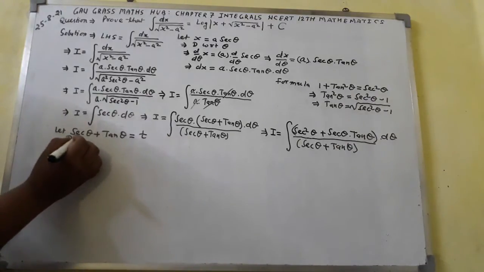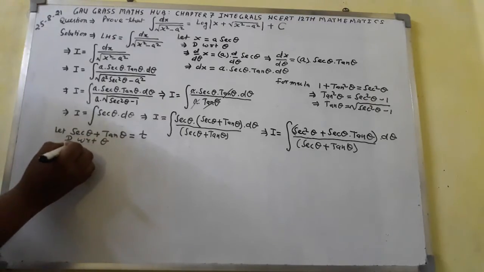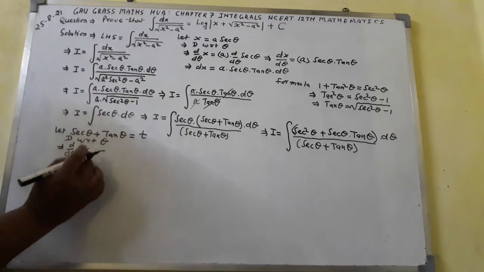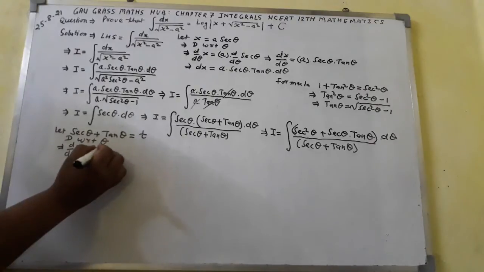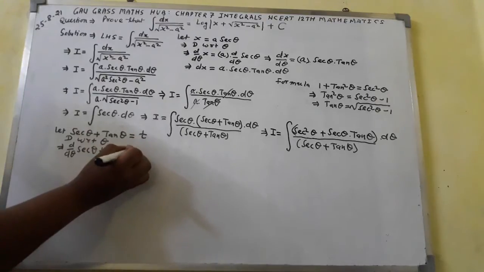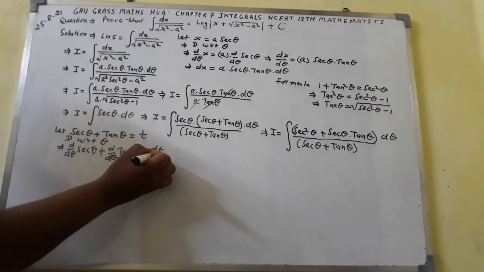Here I shall write d with respect to theta, implies that d over d theta of sec theta plus d over d theta of tan theta equal to dt over d theta.